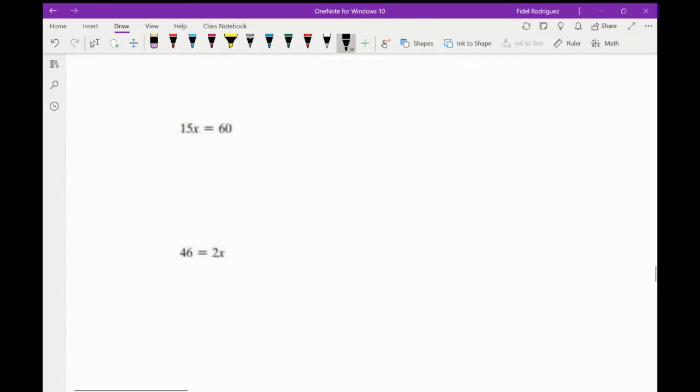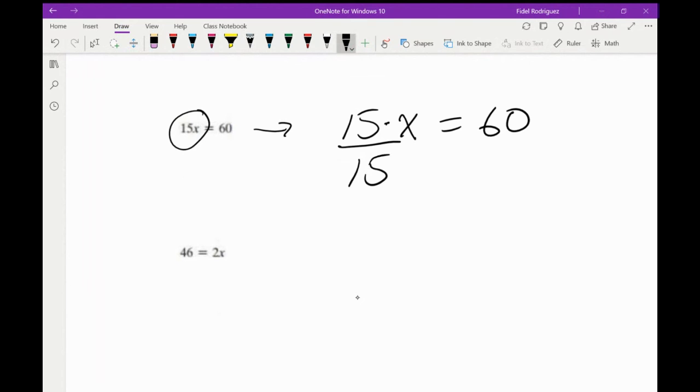All right. So these next couple of problems, remember, when I have a number in front of the x, I'm going to write this out again just so that we don't forget. When I see something like this, that really just means 15 times x is equal to 60. So if I have 15 times x, remember, I'm trying to undo this. So the opposite of multiply is to divide.